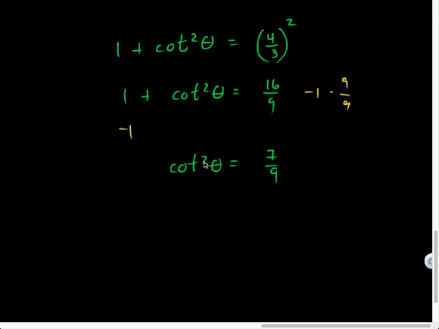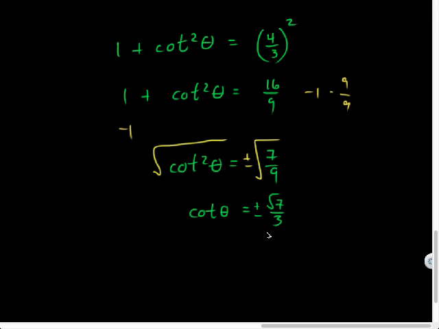And I still haven't solved for cotan. I've got cotan squared. What could I do to both sides? Yeah, root both sides. And technically that would have a plus or minus showing up here. So I'd get cotan theta is equal to root 7 over the square root of 9, which is 3. So plus or minus, right?